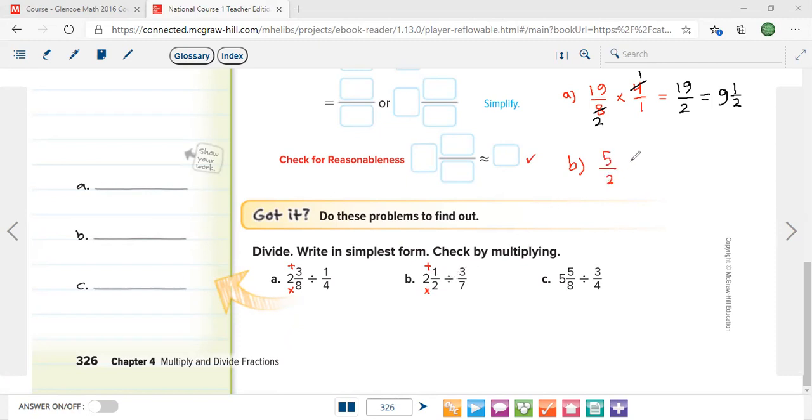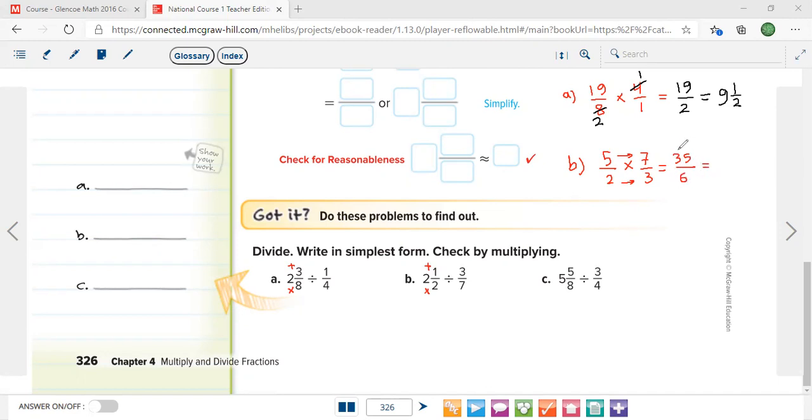Division will be multiplication. 3 over 7 will be 7 over 3. No cancellation here, so multiply the numerators, then multiply the denominators. 5 times 7 is 35, and 2 multiplied by 3 is 6.